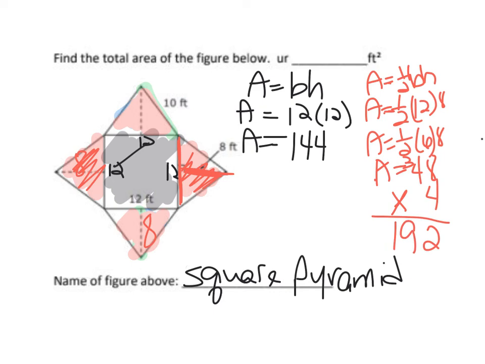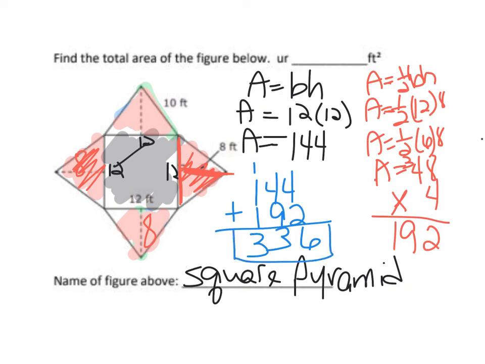So now I'm going to go ahead and add all of those, which would be 144 plus 192. So that's going to give us 336. So the surface area of the square pyramid is going to be 336 square feet.